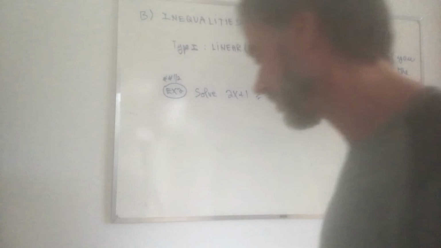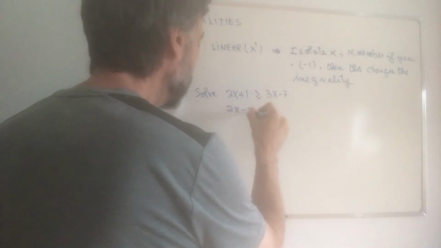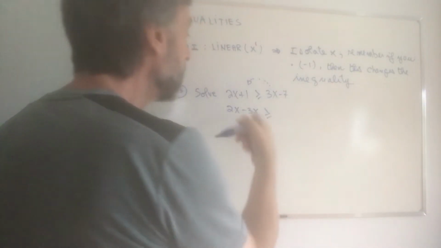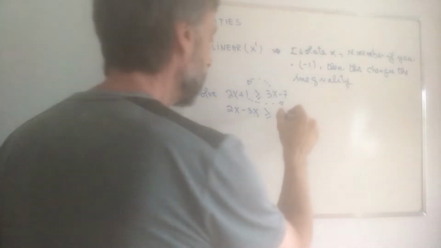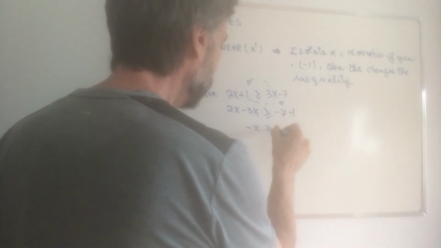It's exactly the same strategy. So 2x minus 3x, this guy went over there, greater than or equal to, I'm going to bring the 1 over there. It becomes -1. -7 minus 1. So minus x is greater than or equal to -8.